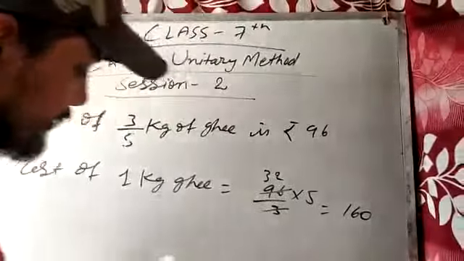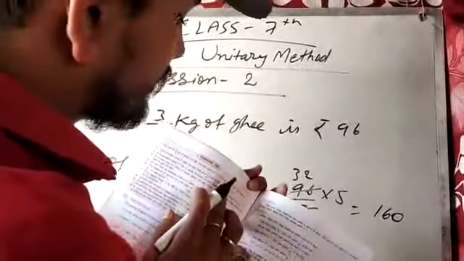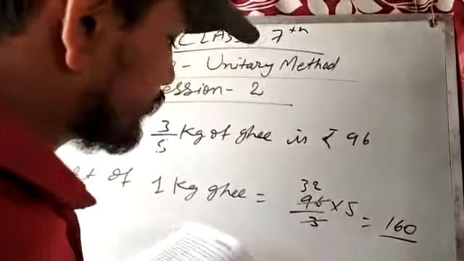Okay, first we have to find the cost of 1 kg ghee. So the cost of 1 kg ghee is rupees 160.